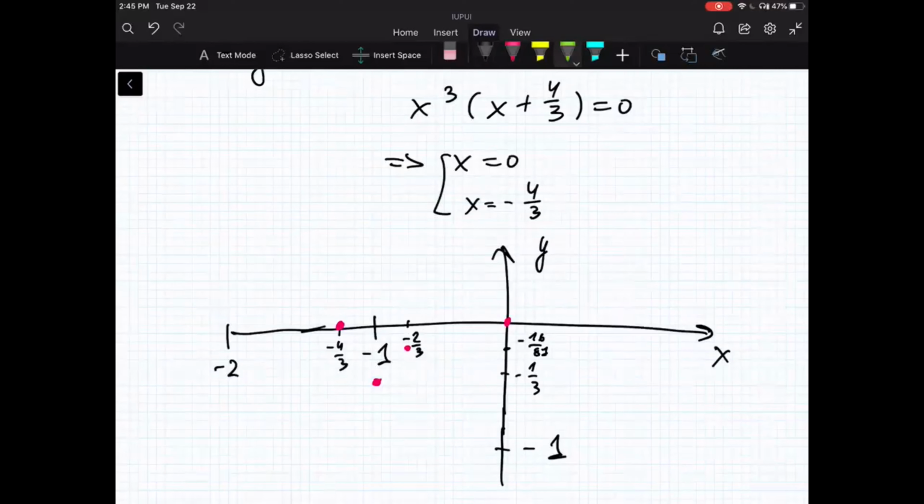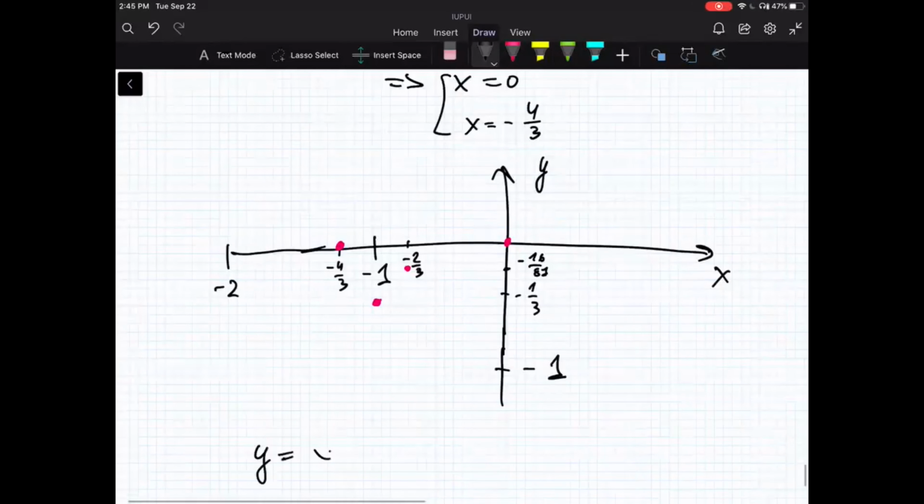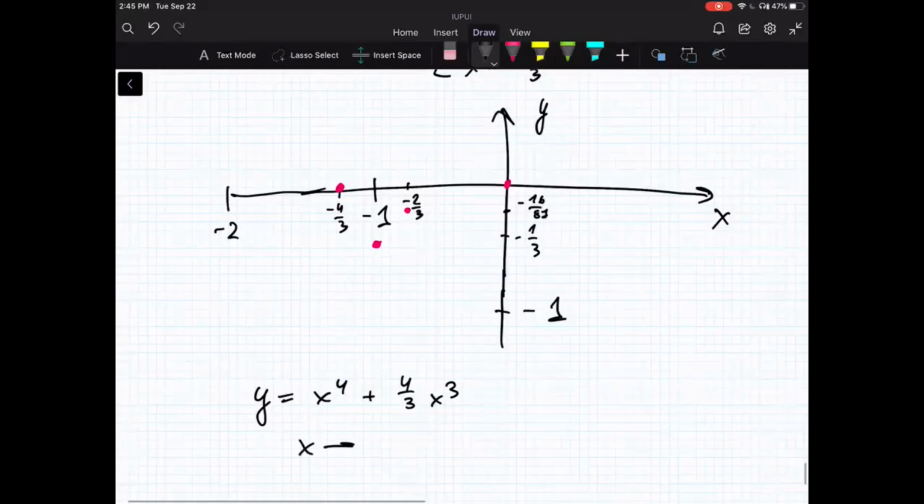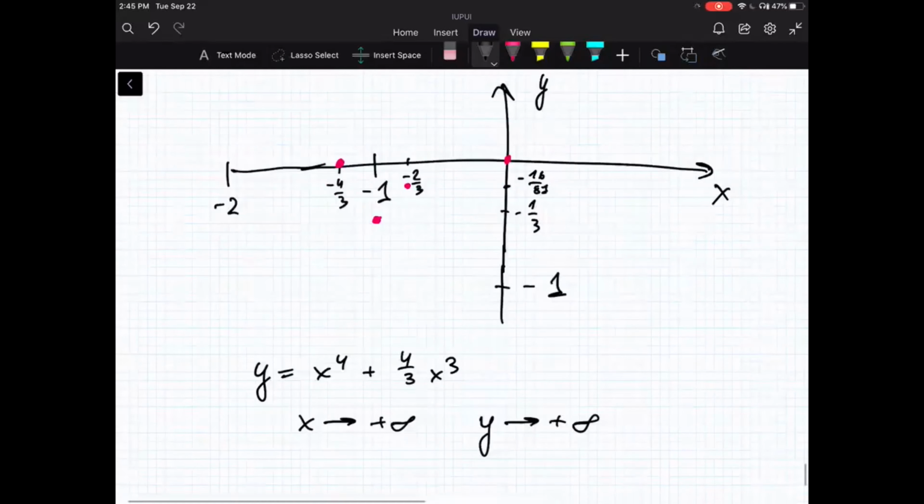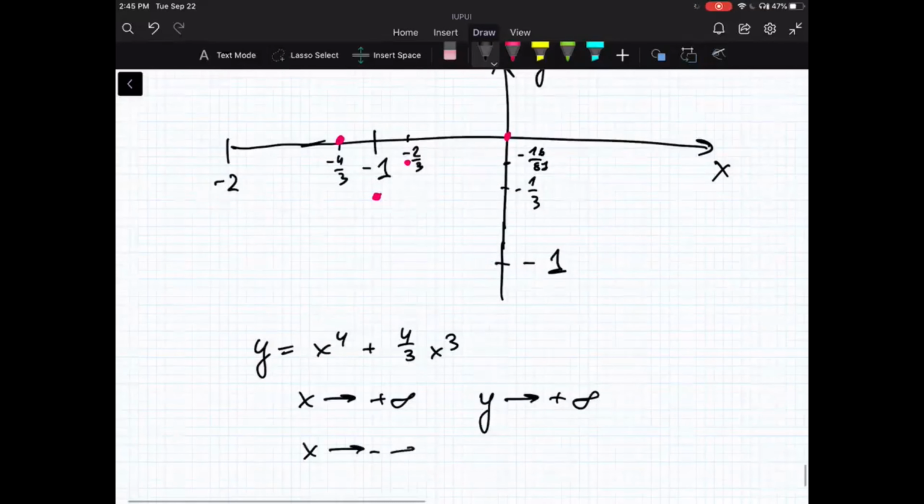And of course, if I look at my function, x to the power 4 plus 4/3 x cubed, I see that if x goes to plus infinity, my y also goes to plus infinity. And when x goes to minus infinity, the leading term, x to the power 4, will dominate. So I have something very big positive and something which is negative, but x to the power 4 will be greater than x to the power 3, of course.